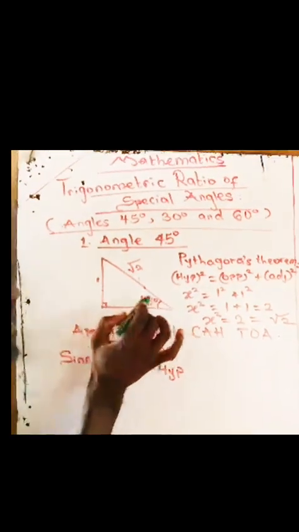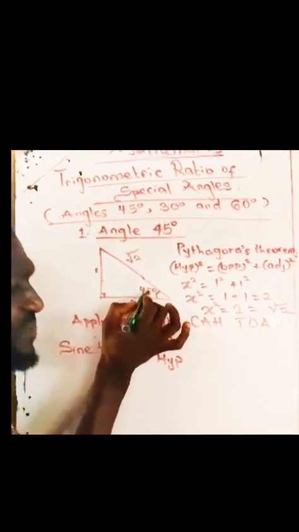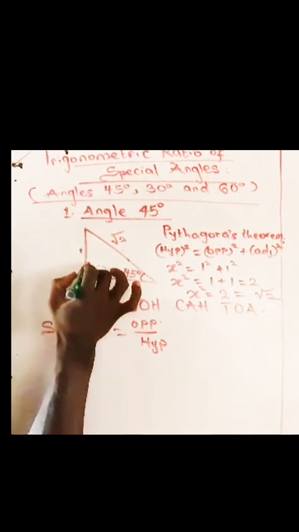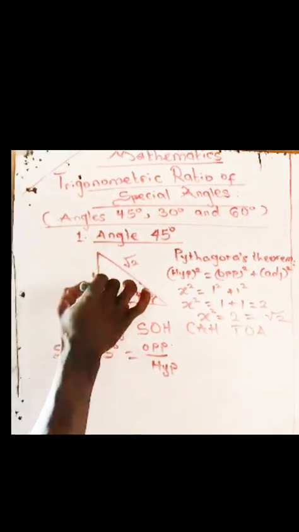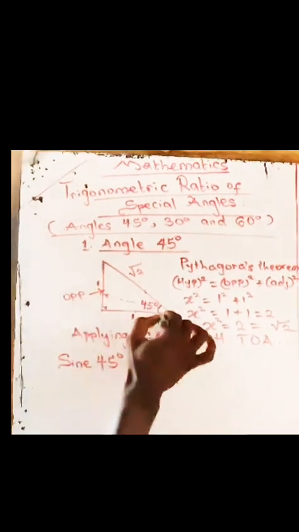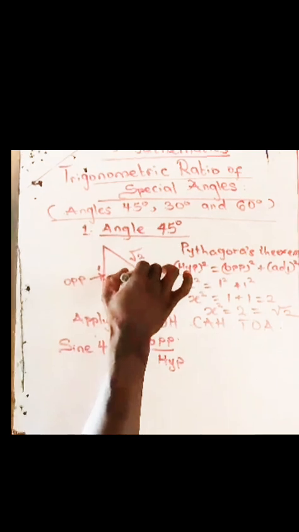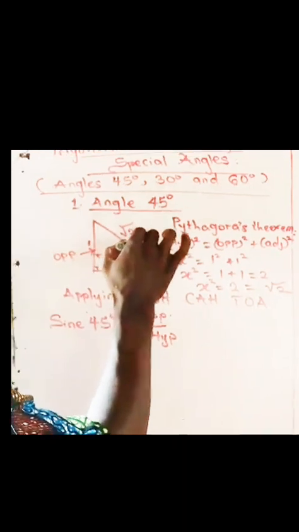The opposite is the side that is facing the angle under consideration. We are considering angle 45 degree. The side that is facing it is the opposite. So this side is our opposite. Then the longest side, or the side that is facing angle 90, is the hypotenuse.